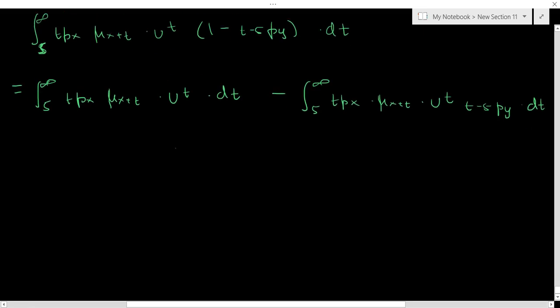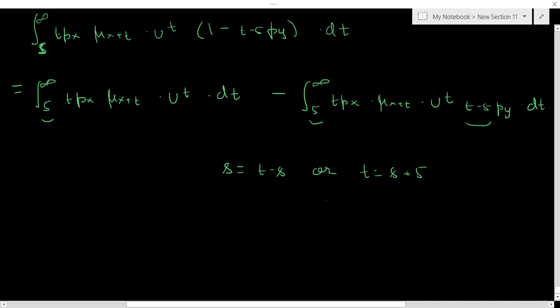Now, like we did in the last question, we'll have to substitute t minus 5 as s, because this is a complicated thing and we have got a limit from 5, which is unacceptable. So we write s is equal to t minus 5, or you can write t is equal to s plus 5.